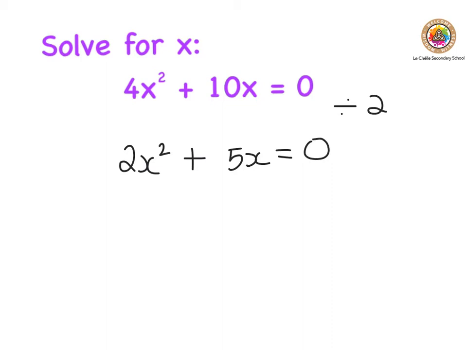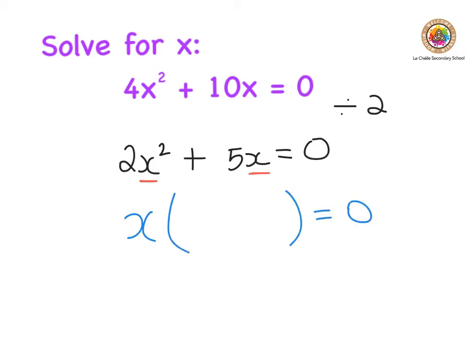Now I can factorize by the highest common factor. What's in common to both of these? There's an x here and there's an x here. If I pull that x outside, I'll have x and then my brackets, equal to 0.